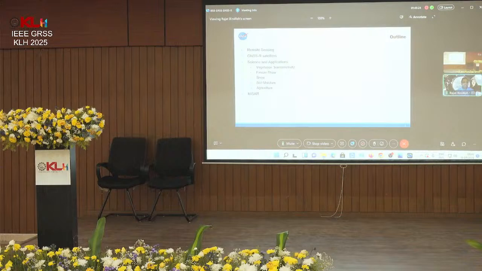Some of the applications which I'll touch upon during this presentation are related to vegetation or vegetation transmissivity, and then freeze thaw, and then briefly touch upon snow. I believe Rashmi covered a lot of the snow stuff, and I'll devote most of my time to soil moisture and agriculture, and then quite a bit of time on NISA.